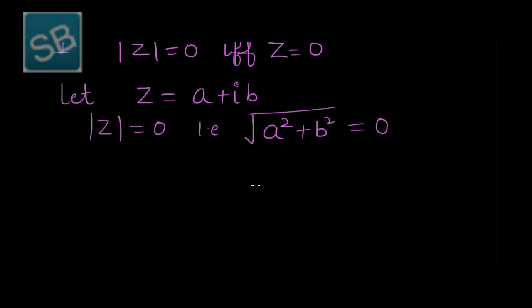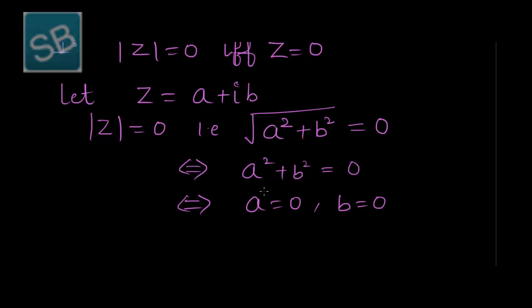That implies a square plus b square is 0, if the square root of it is 0. This will happen if and only if a is 0 and b is 0, because both of them are squared quantities and always non-negative, and the sum of two positive quantities never comes out to be 0.